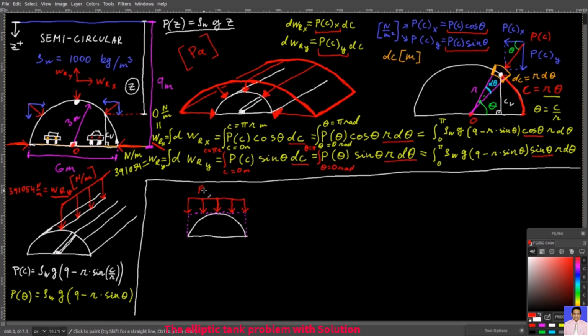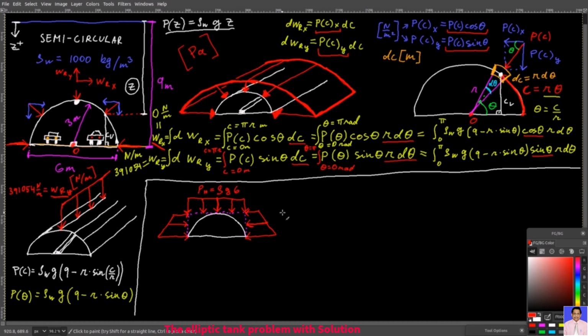Let's call it pH. It equals the water density times G times 6, because as you know, the depth of this location is 6 meters. The radius is 3 meters, the total depth is 9 meters, 9 minus 3 will give you 6 meters.